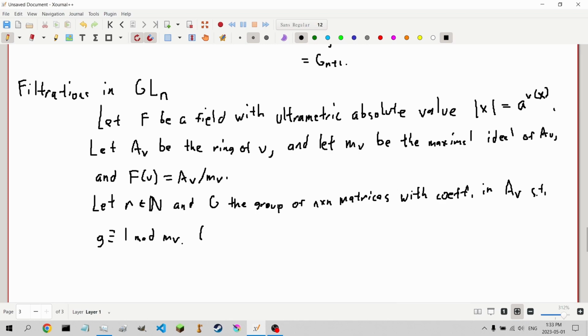And they have the example that if we write g through its coordinates, then the ijth coordinate is going to be equivalent to 1 if they match up and 0 if they don't. And that is once again under modulo MV.